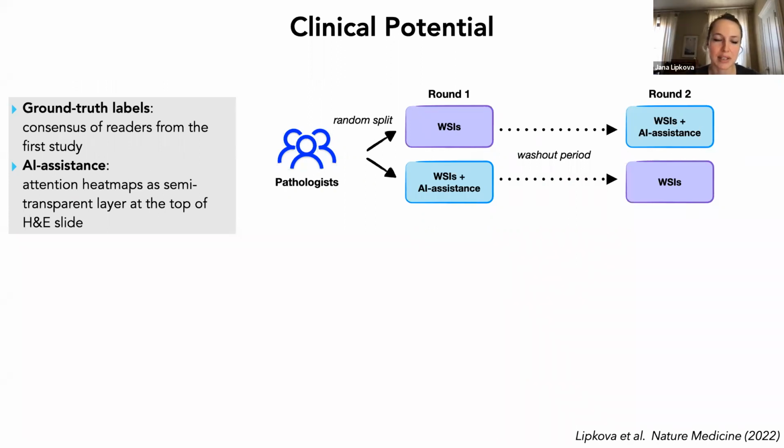And we asked them to assess the biopsies. Again, they were looking at the same 150 biopsies as in the previous case, but these are different pathologists. But we used the assessment of the pathologists from the first reader study to make a ground truth label based on their consensus.